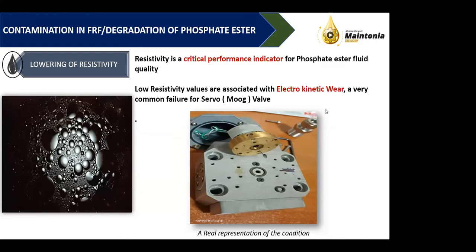Whenever we restart a unit, we need to fire HFO, HSD in huge quantity, like 40-50 kL of the oil. So the carbon footprint generated is huge. Due to just small negligence in the care of phosphate ester oil, we are leaving something very, very bad for the upcoming generation.